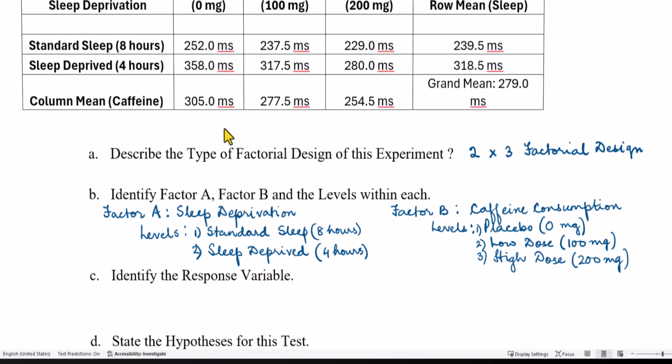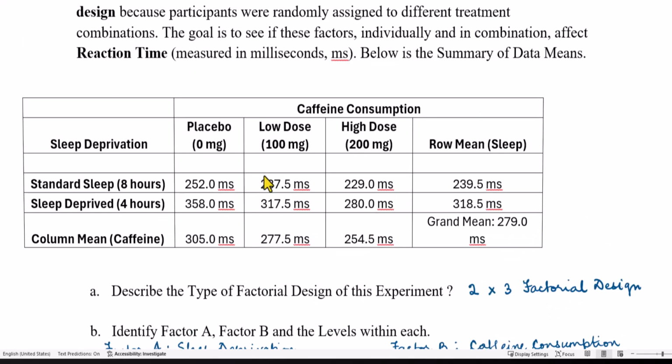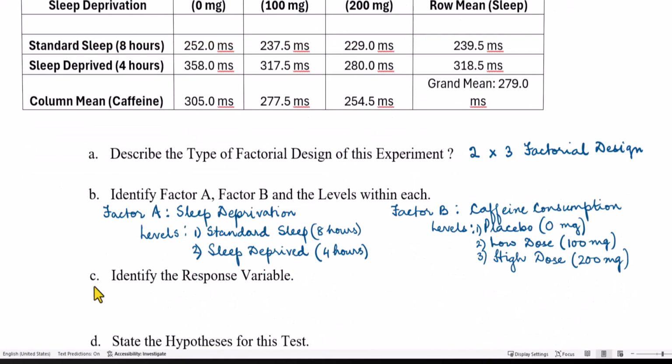So I'm going to go up to the question above, and over here it says they are trying to determine if the factors individually and in combination affect the reaction time measured in milliseconds. So the response variable, what is being measured, is the reaction time in milliseconds, and that is the answer for part C, right? So the response variable is going to be the reaction time in milliseconds.